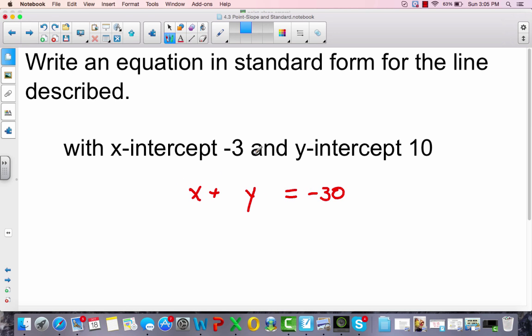You go negative 30 divided by negative 3 and you get positive 10. What can I put in front of the y so that when I divide it, I get a positive 10? Right, negative 3. So that gives me 10x minus 3y equals negative 30.